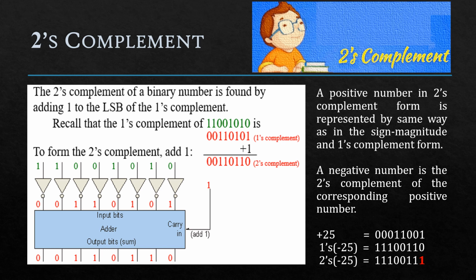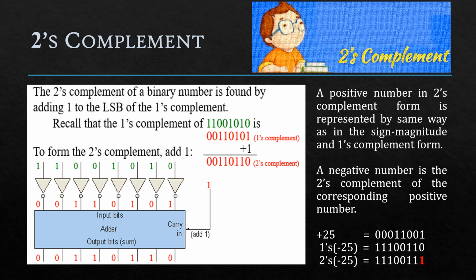To represent a positive number in 2's complement form, we represent it in the same way as in the sign and magnitude form and 1's complement form. That is, we just take its binary equivalent. A negative number is the 2's complement of the corresponding positive number.